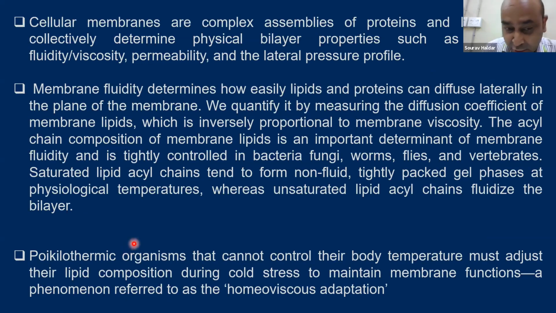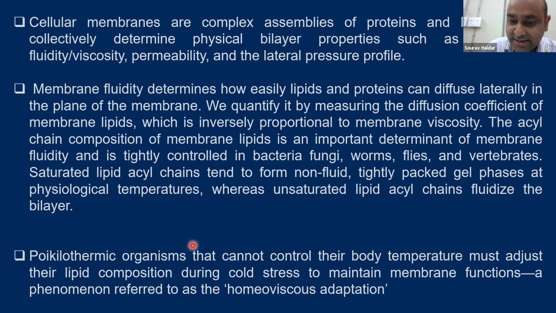So the organisms referred to as poikilothermic organisms, which cannot control their body temperature, must adjust their lipid composition such that their membrane will be perfectly functional so that they can withstand the environmental stress.